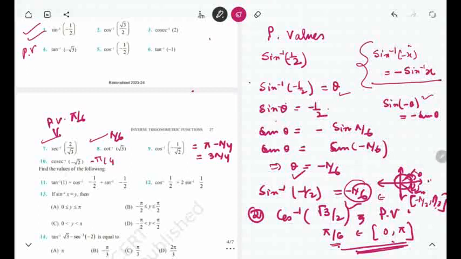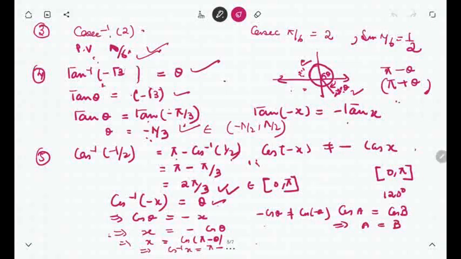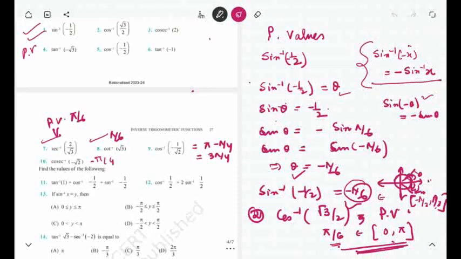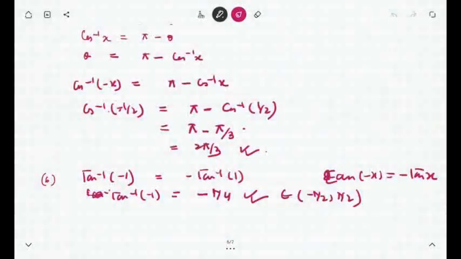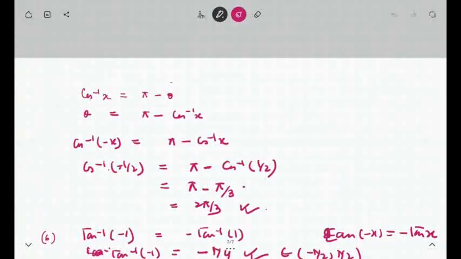Question: find the values of the following: tan inverse 1, cos inverse minus 1 by 2 and sin inverse minus 1 by 2. So let's write down the question, the eleventh question.